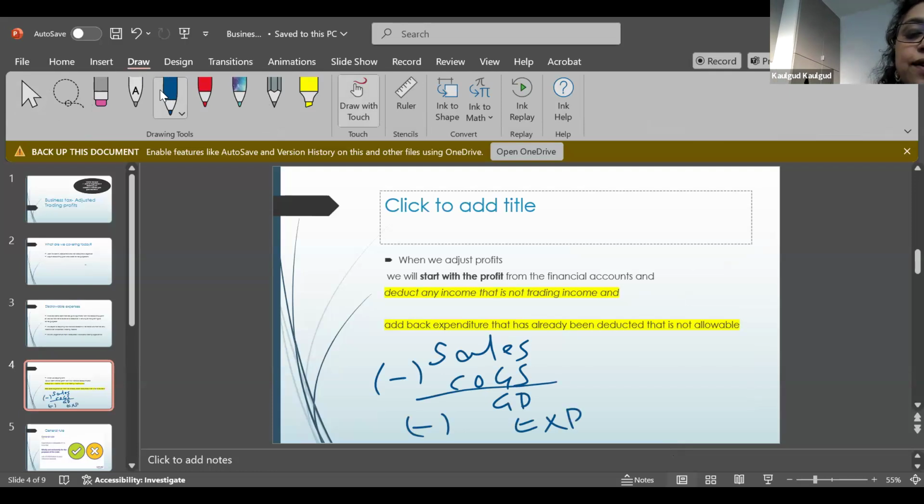So if I don't want that expenditure to be taken away, what do I do? I add it back. You do the opposite of what you had done before, so that I don't include that.